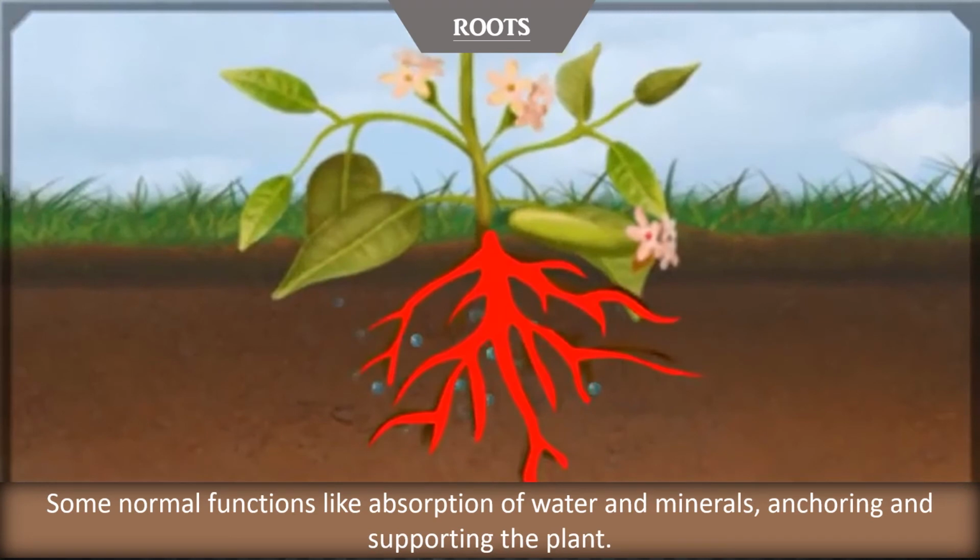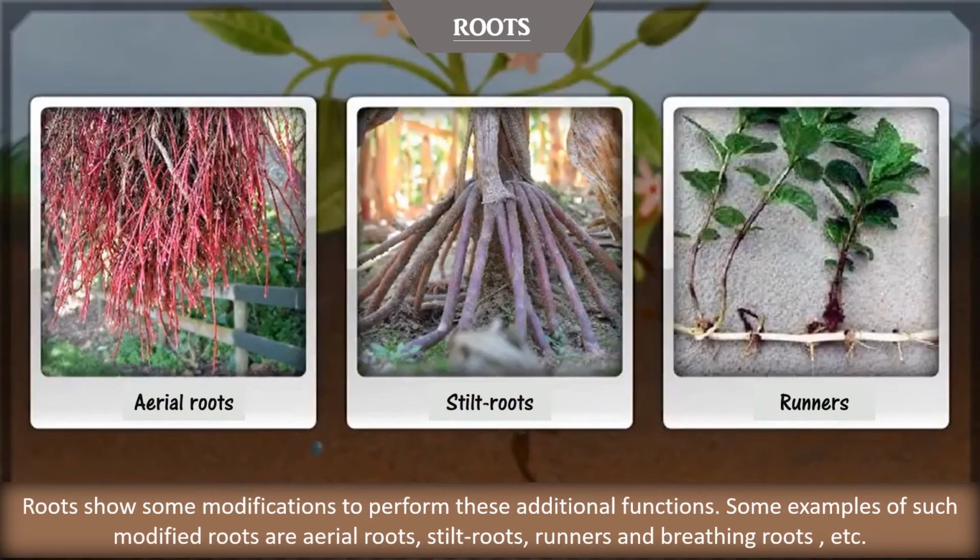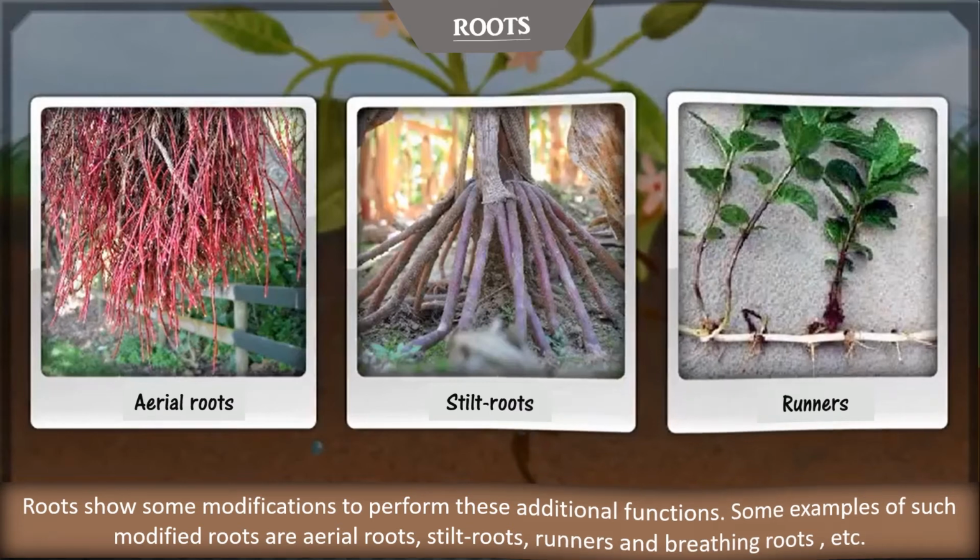Normal functions like absorption of water and minerals, anchoring and supporting the plants are the functions of roots. Roots show some modifications to perform additional functions. Some examples of such modified roots are aerial roots, stilt roots, runners and breathing roots, etc.